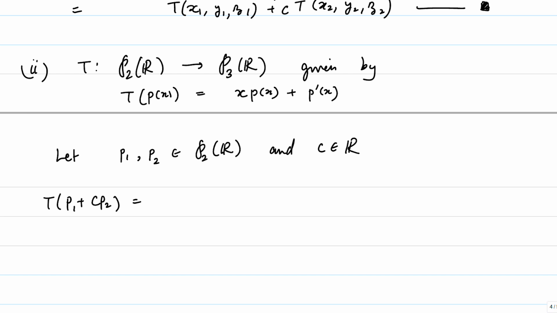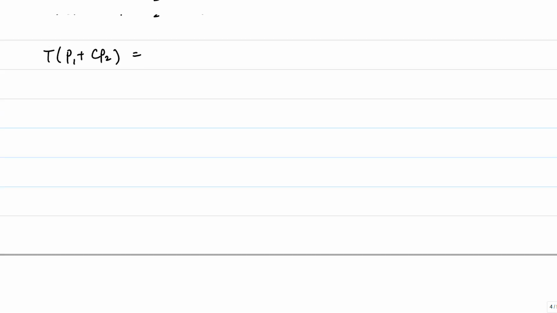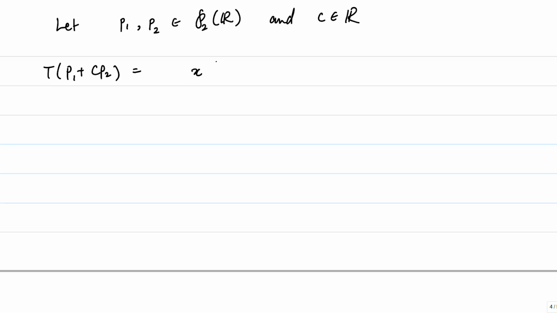This is equal to, by the very definition, x times p1 of x plus c times p2 of x, plus the derivative of p1 of x plus c times p2 of x.